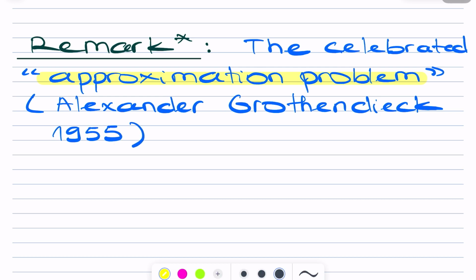So the celebrated approximation problem, attributed primarily to Banach in 1932 and later on to Alexander Grothendieck in 1955, actually deals with the converse of Corollary 6.2.